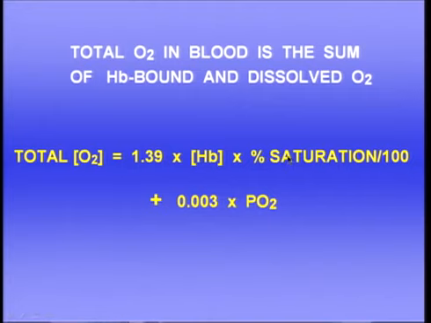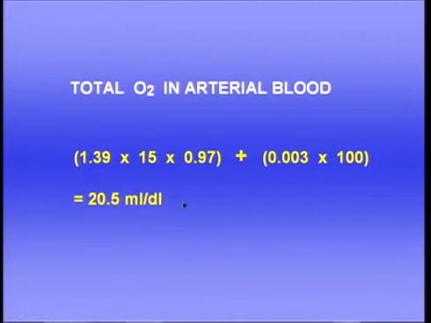So this would be 0.97, plus the amount that's dissolved. So let's just do this calculation for arterial blood, for example, where the PO2 is, say, 100 millimeters of mercury. This would be 1.39 times 15 times 0.97 plus solubility 0.003 times 100, the PO2, and that all comes out to be about 20.5 mils per deciliter.